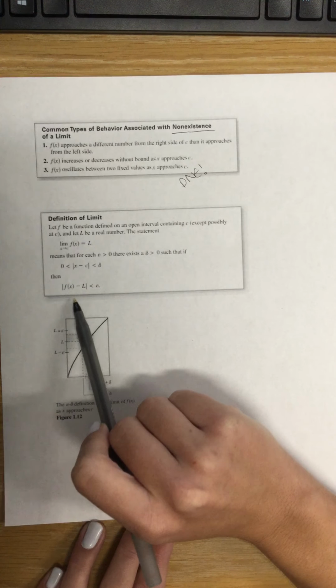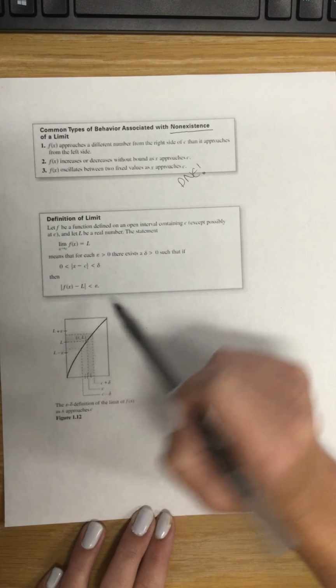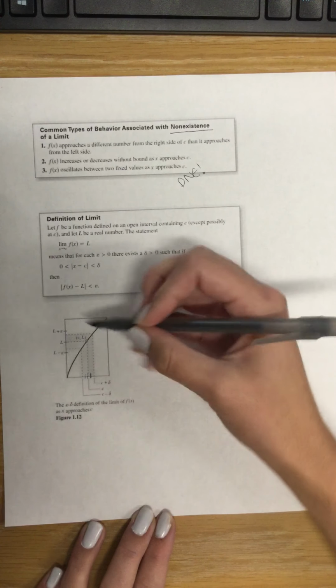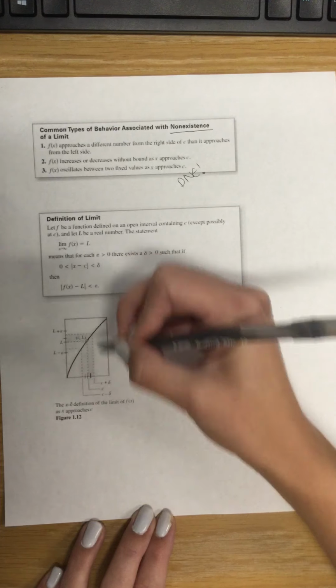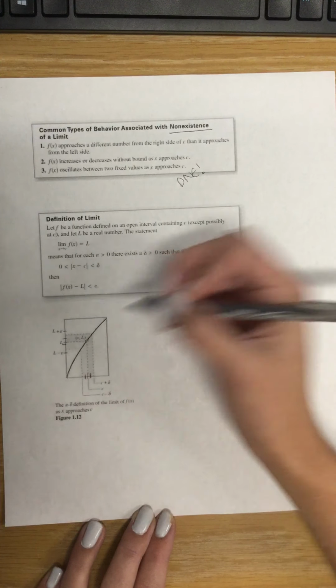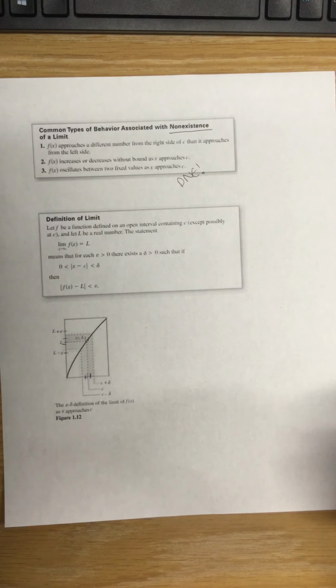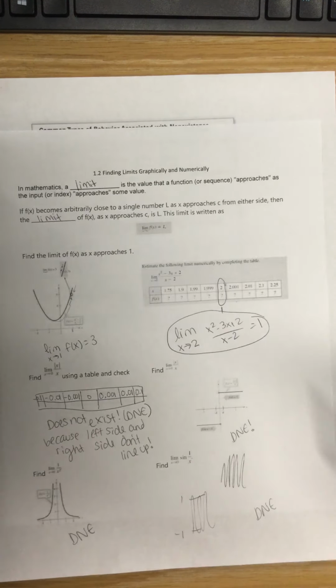Then the distance between f of x and L is less than epsilon. So if I plug in a number a little bit bigger than this limit, I'm going to get right here. If I plug in a number a little bit smaller than the limit, I'm going to get right there. So again, I don't want you to get tripped up on this. This isn't something that you really need to hardcore understand. As long as you are understanding the gist of what limits are and when they do not exist, you're going to be good. But I did want to expose you to the formal definition of a limit.